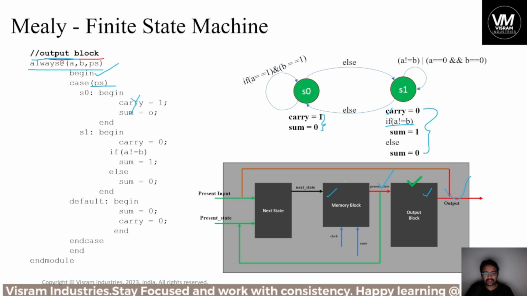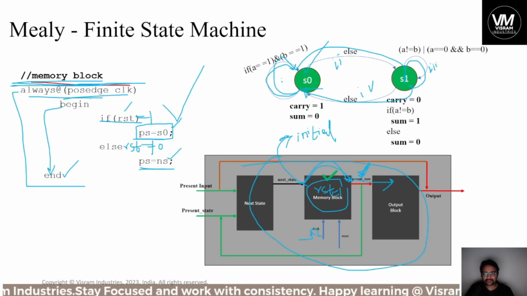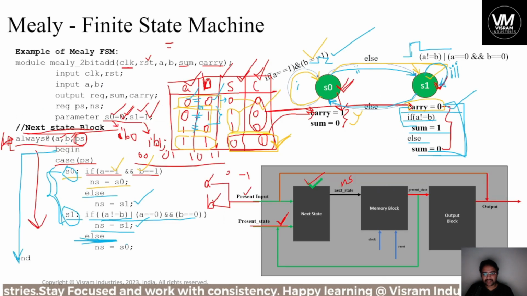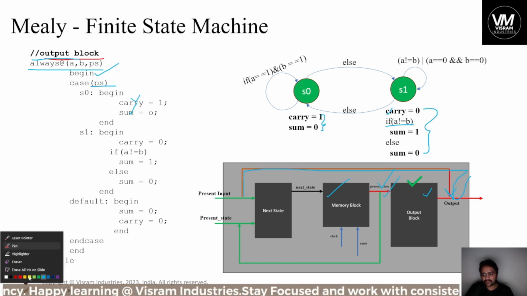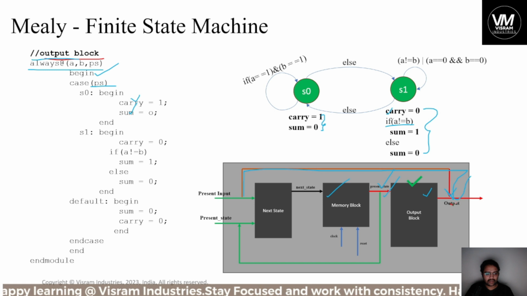The memory block will also work with the positive edge of the clock, but the next state works with present state as the input and present input as well. Likewise, the output block depends on present input and present state. That is what Mealy FSM is.